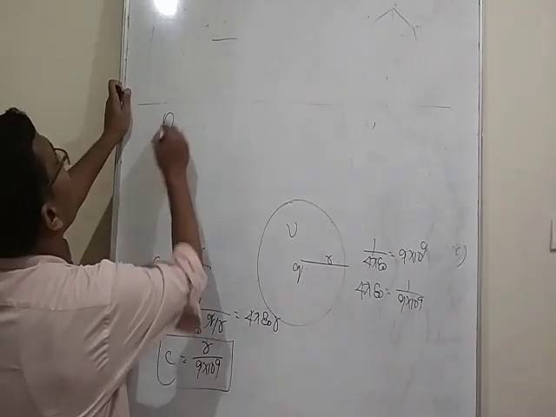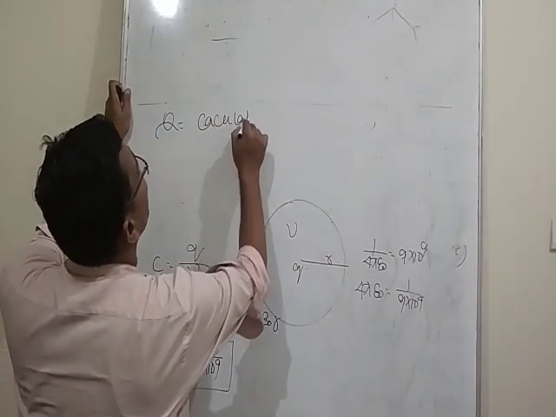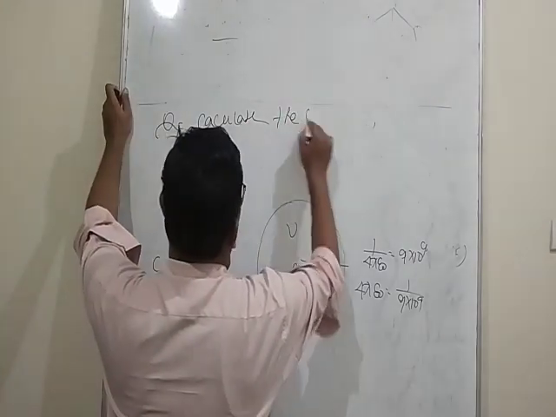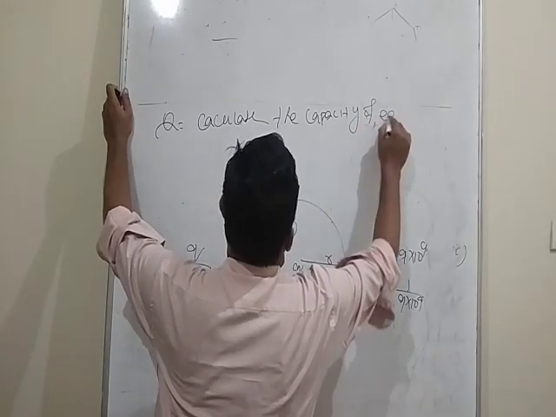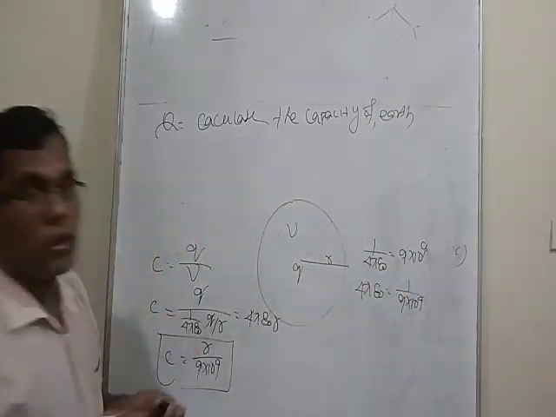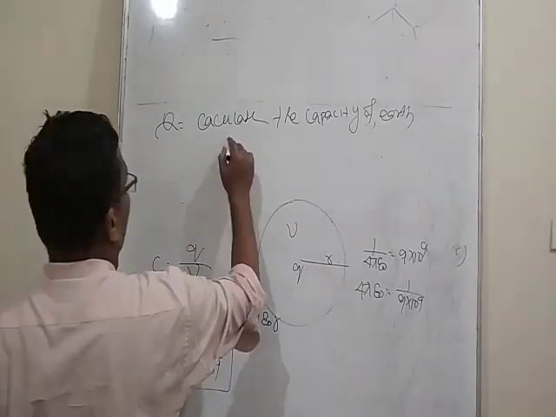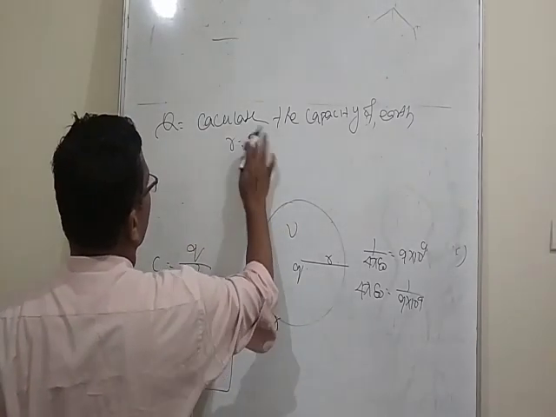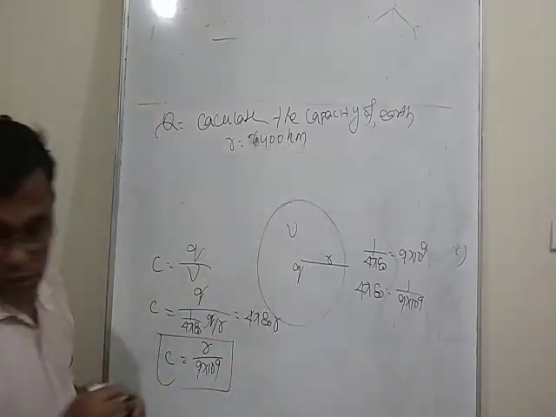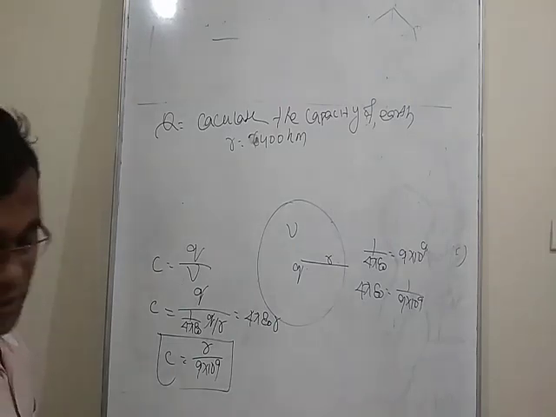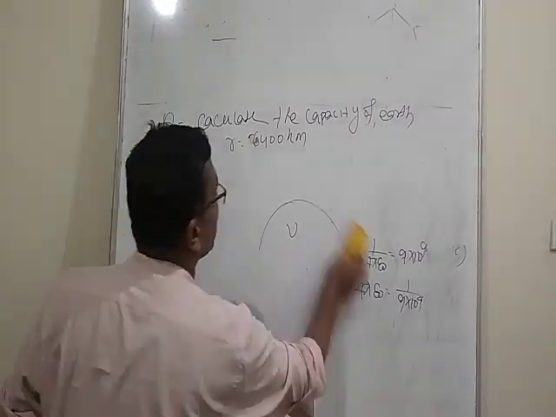Now see the question: calculate the capacity of earth. Take the radius of earth as 6400 kilometer.